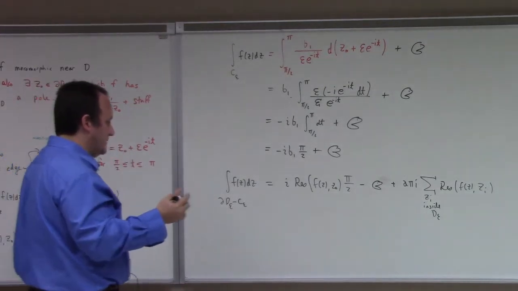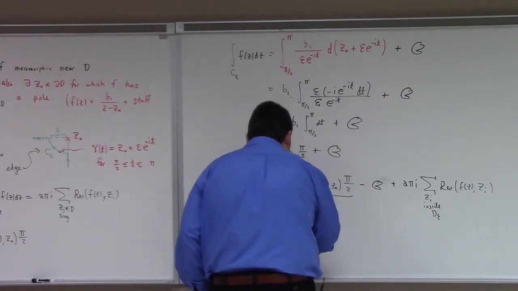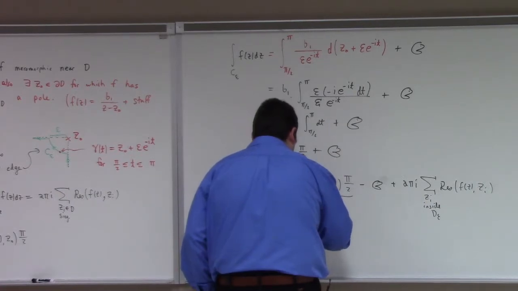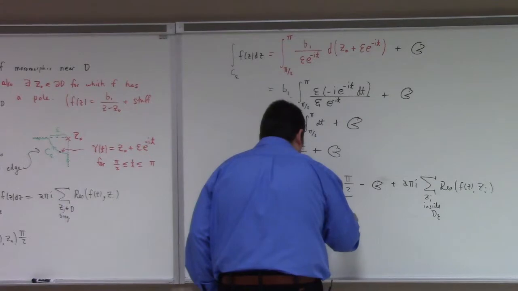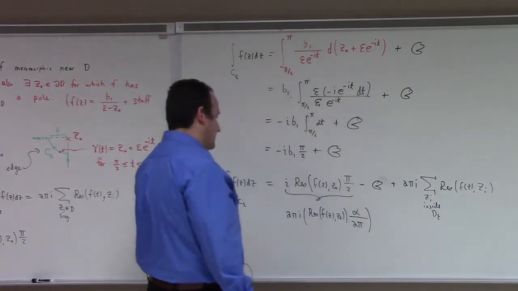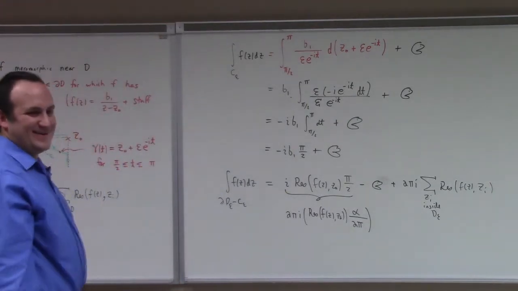This is supposed to work out to 2 pi i times the residue at the edge, and then times the arc length subtended divided by 2 pi. Oh, that is what we have, though. Okay, good.